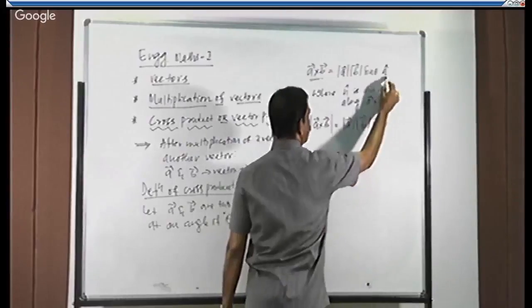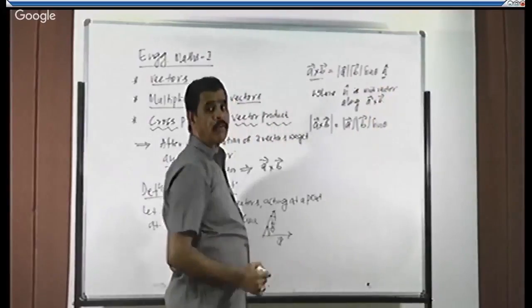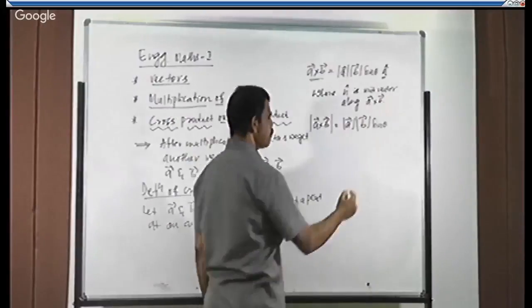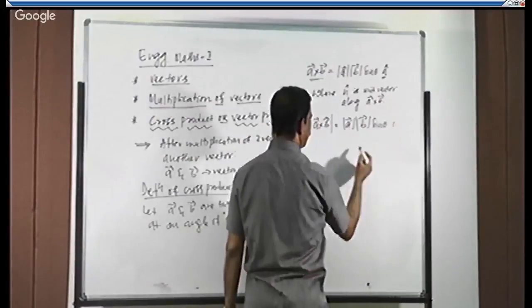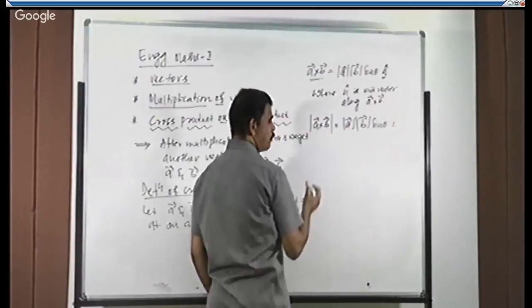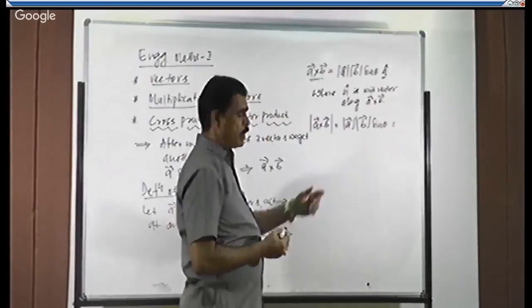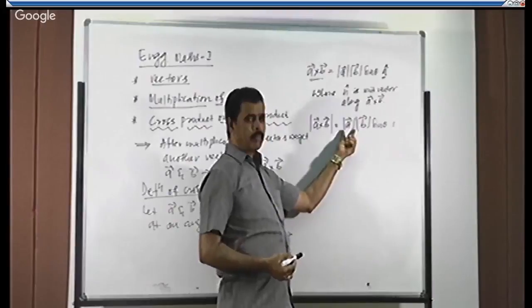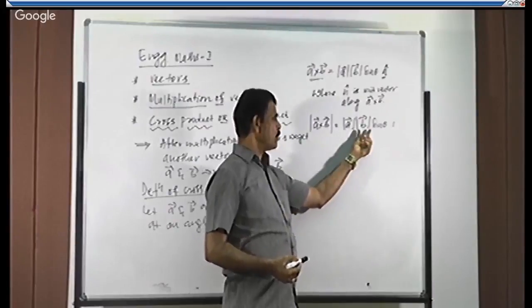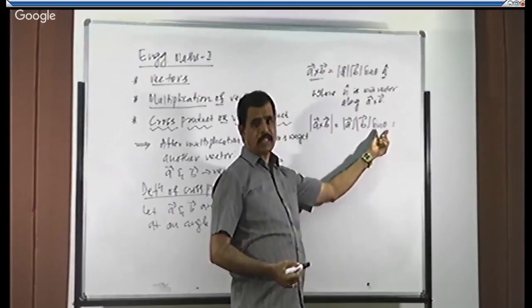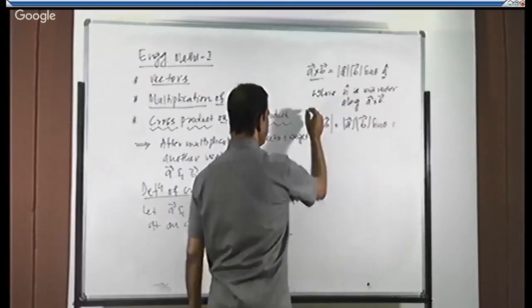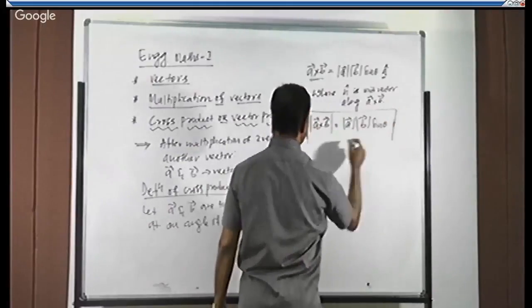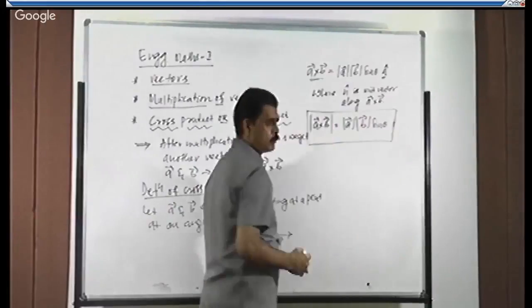The unit vector has magnitude equal to 1. Therefore, finally, the magnitude of A cross B is always equal to magnitude A, magnitude B into sine theta, right? This is the definition of the cross product.